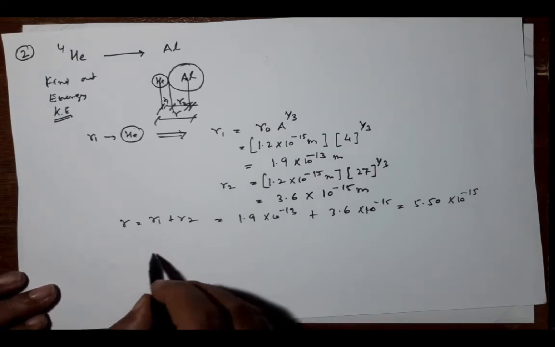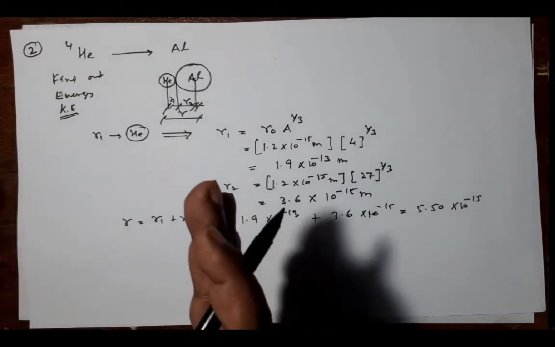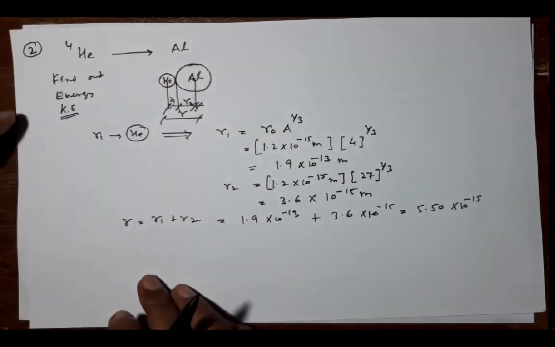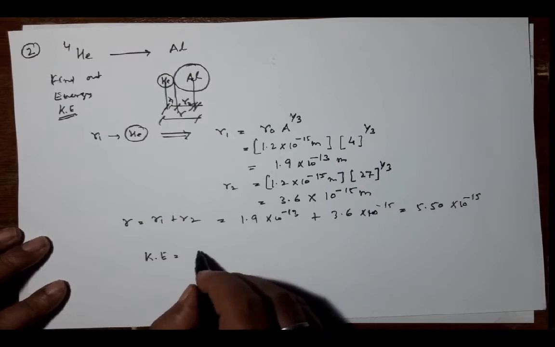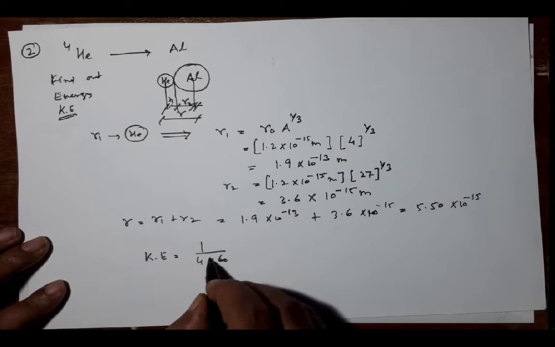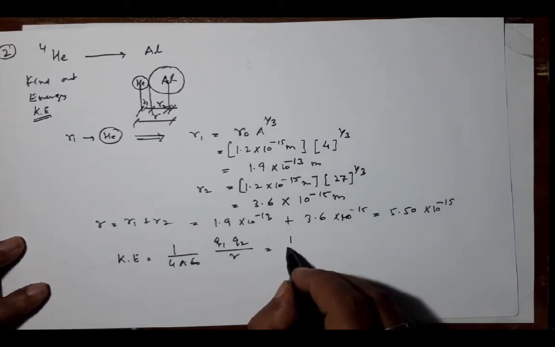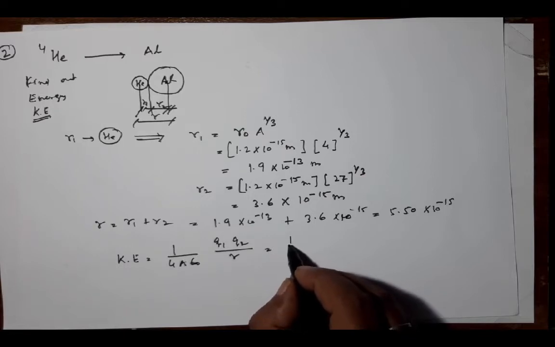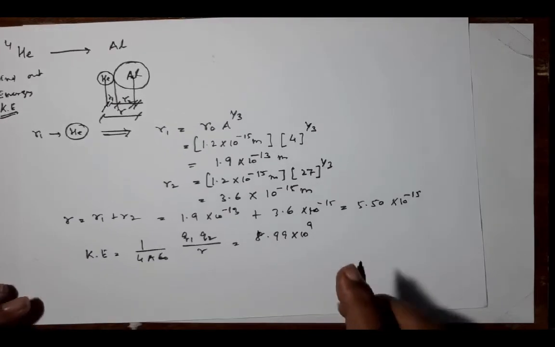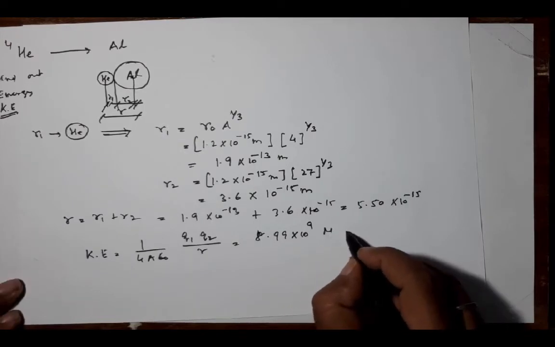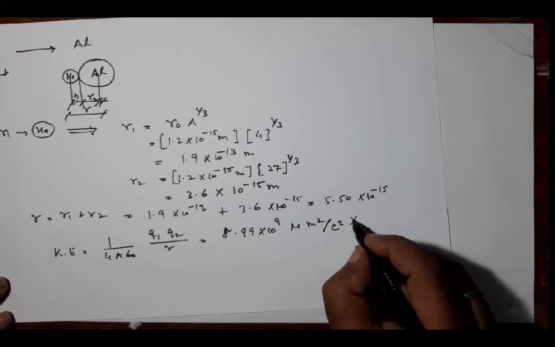So we can find out, suppose we send with some kinetic energy, and if they are touching, that means the potential energy here must be equal to kinetic energy, or you can say kinetic energy must be equal to 1 by 4 pi epsilon into Q1 Q2 upon R, and this is nothing but 1 by 4 pi epsilon, you already know, 8.99 into 10 raised to 9 Newton meter square per Coulomb square into helium.